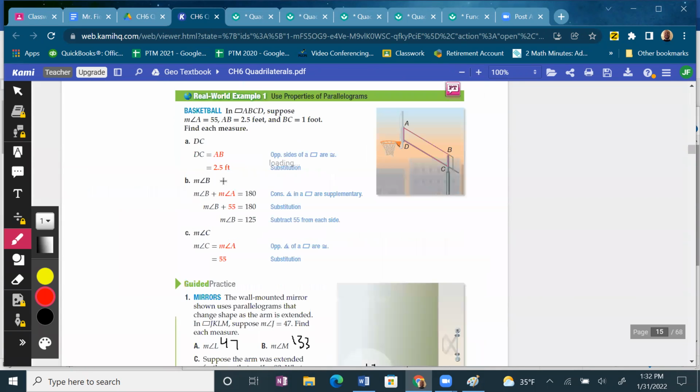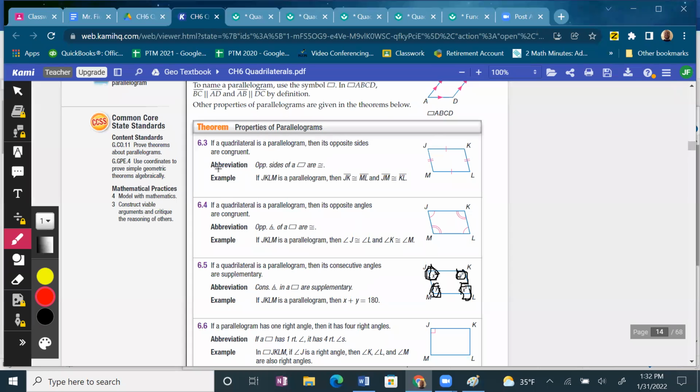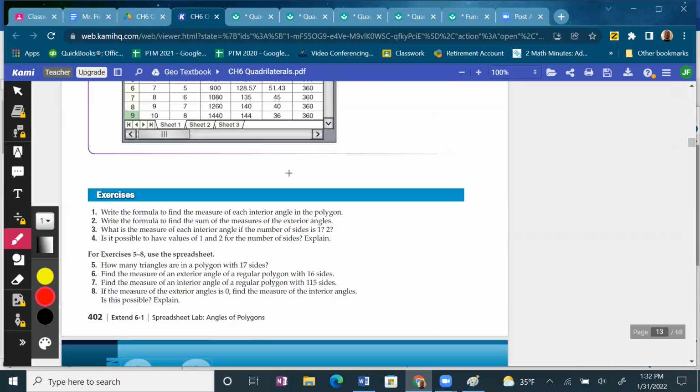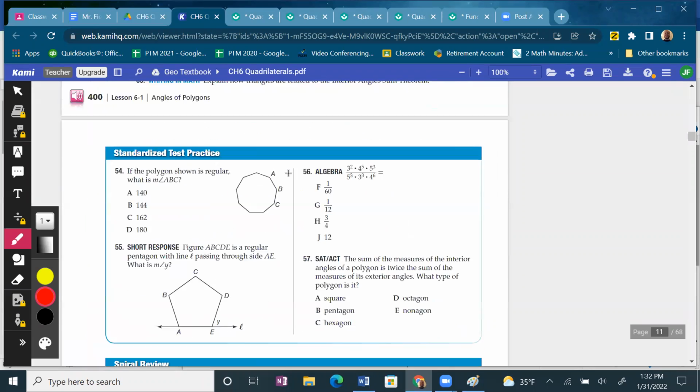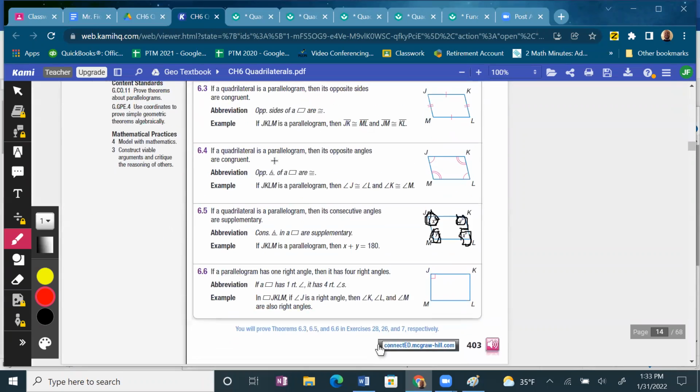Hopefully you say, ooh, because I have two parallelograms, I have a whole list of properties that I can use in my proof. Opposite sides are congruent. That's 6.3. Wait a minute, I'm going to go back to 6.2. But also, the opposite angles are congruent.